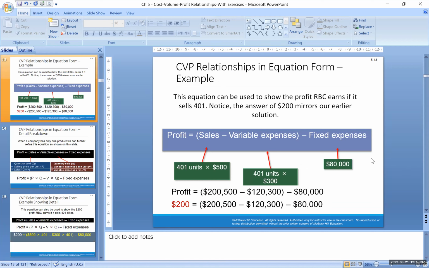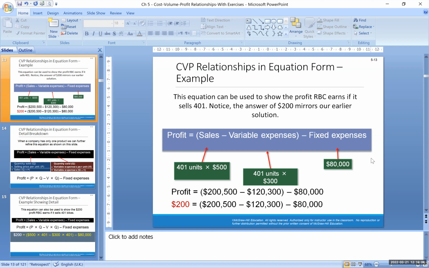The sales is represented by units sold times the price. Total variable expenses are represented by units multiplied by variable cost per 1 unit. And the fixed is a fixed amount. It is not depending on the units sold because it is constant.